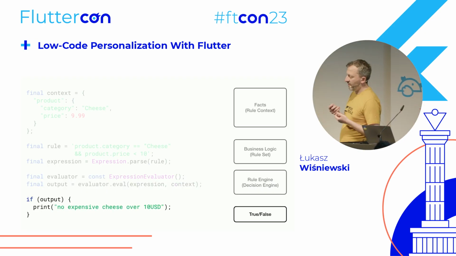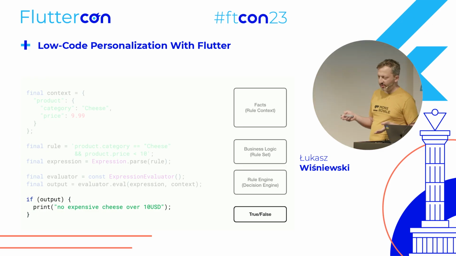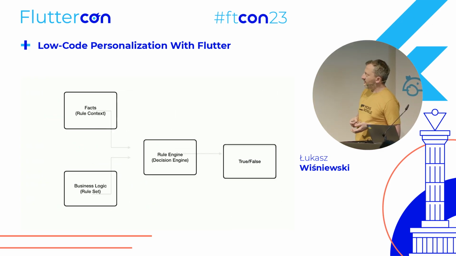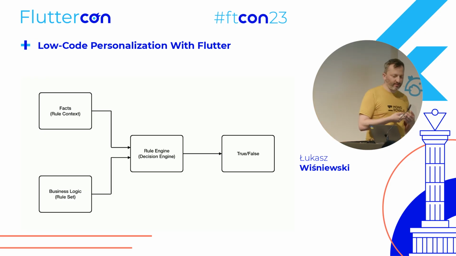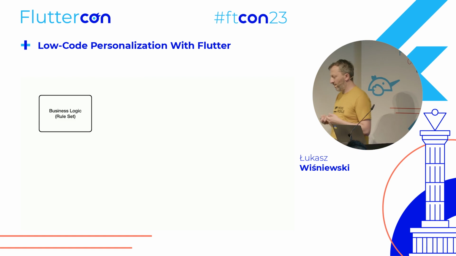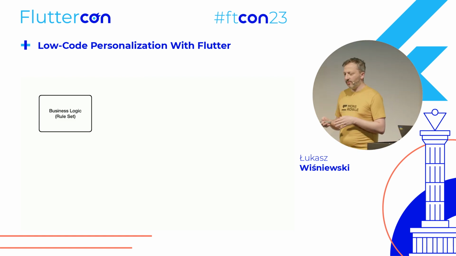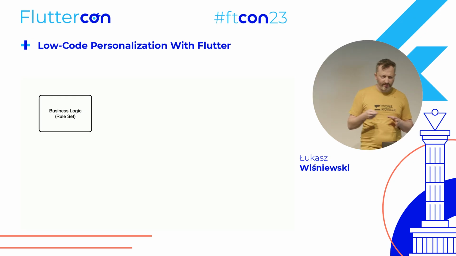And finally, we get an output. And yeah, that's pretty much it. Not very impressive, but we can iterate upon this solution. So let's take a look at business logic. We probably want to put our rules into some Dart class.